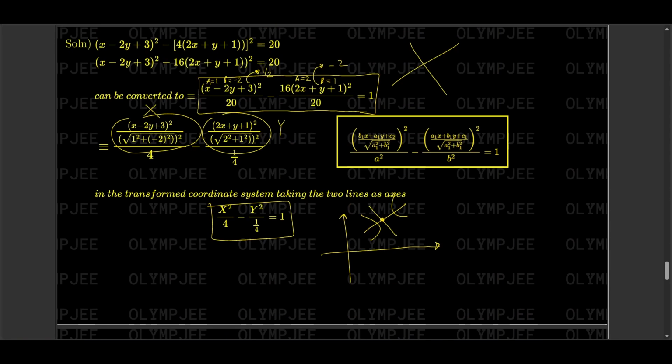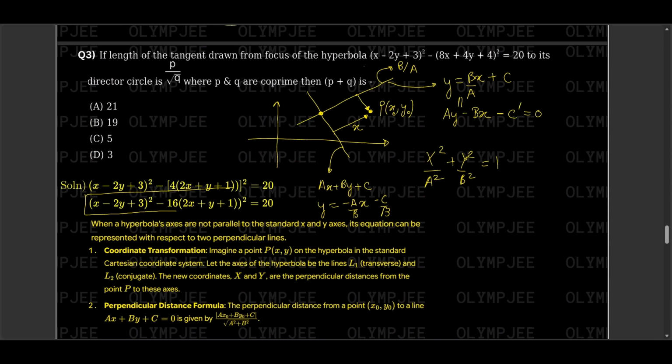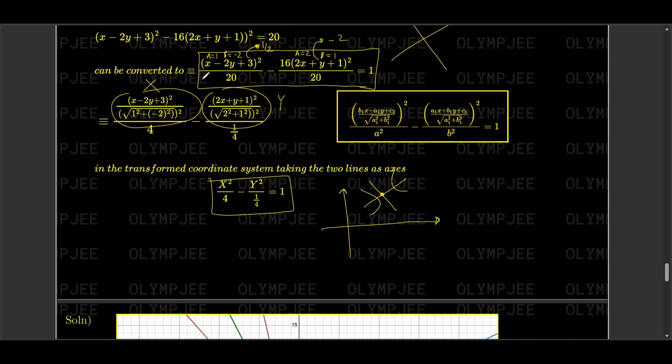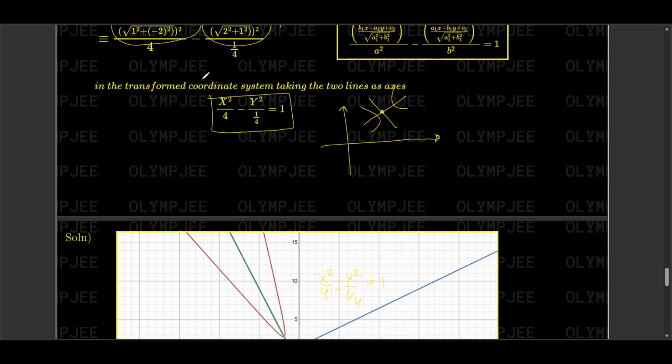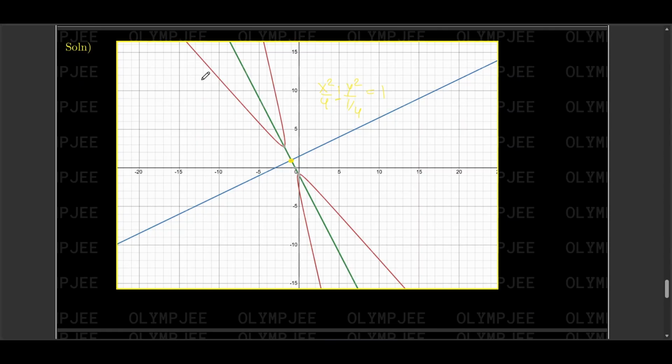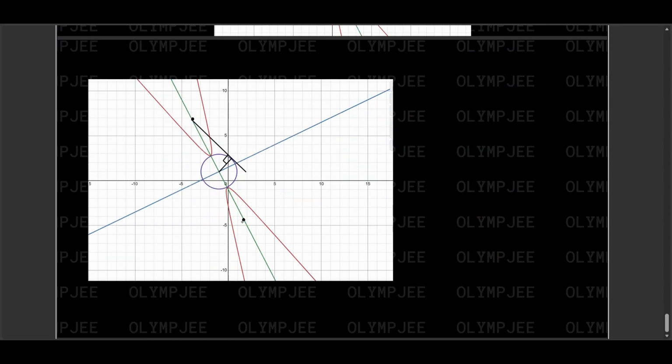So what was the question asking? The question is asking us to find the length of the tangent drawn from the focus to its director circle. So if this is the focus here, we need to draw a tangent from this focus to the director circle, and we need to find the length of this segment, right? The length of the tangent.